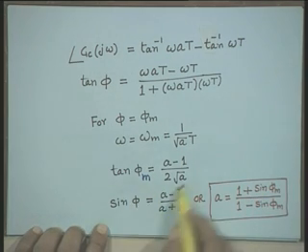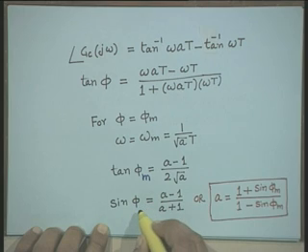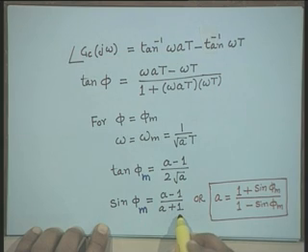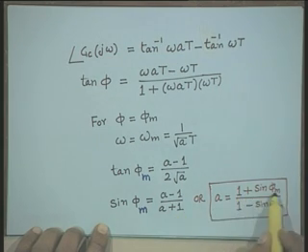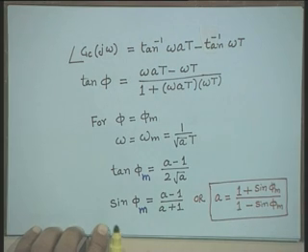Now, this expression is further written in the form sin phi m equal to (a minus 1) divided by (a plus 1), or a can be expressed as (1 plus sin phi m) divided by (1 minus sin phi m). There we have obtained a very simple expression for a in terms of the required phase angle of the transfer function or the phase compensator.